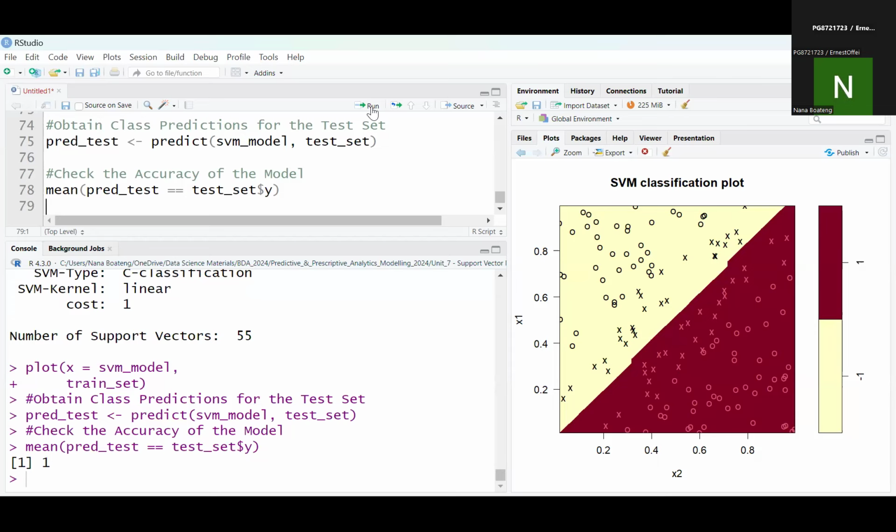Any questions? Nana, I have a question. Yes. Is that Nancy? Yes, please. Please go ahead. So you see how you put kernel equal to linear? Does it mean you can feed it different kernels?